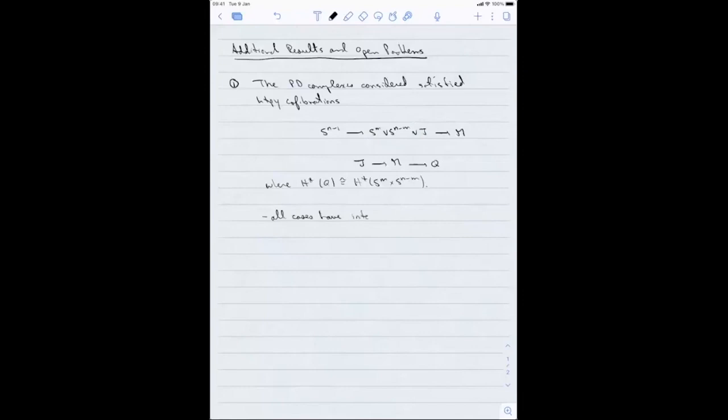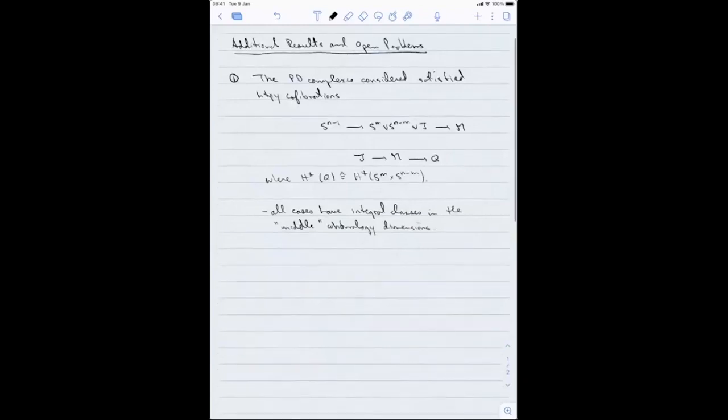So they all have these integral classes in the middle homology dimensions, or for cohomology. Right.